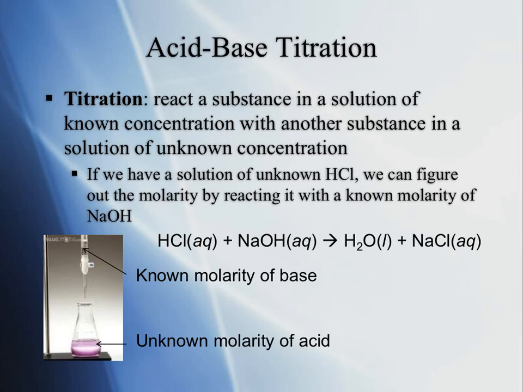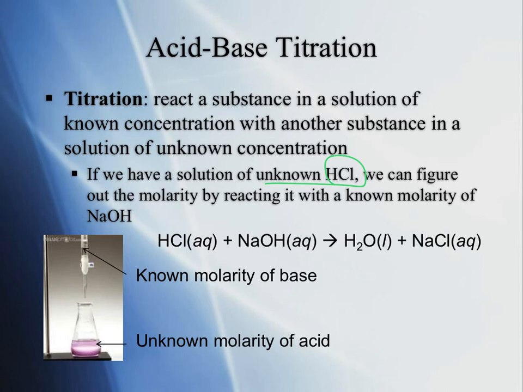Okay, so say we have a solution of unknown HCl. Like somebody mixed it up in the lab and diluted it, whatever, and they forgot to write down what the concentration was, right? You can't just throw it down the sink. We've got to make sure it's neutralized first. And so in order to figure that out, what we need to do is called a titration reaction.